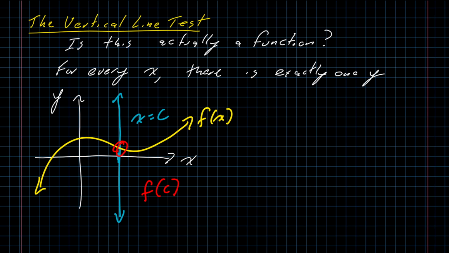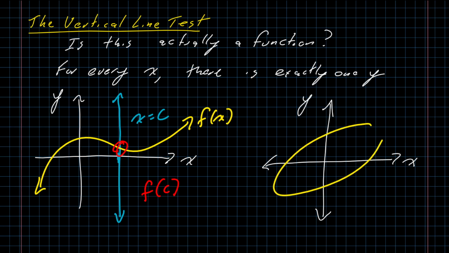If you have a curve like an oval, and you try to draw that vertical line in, well, that vertical line crosses the graph in more than one place.